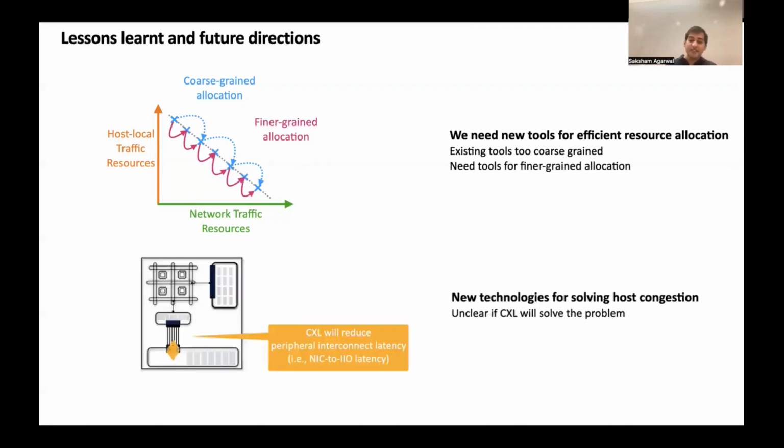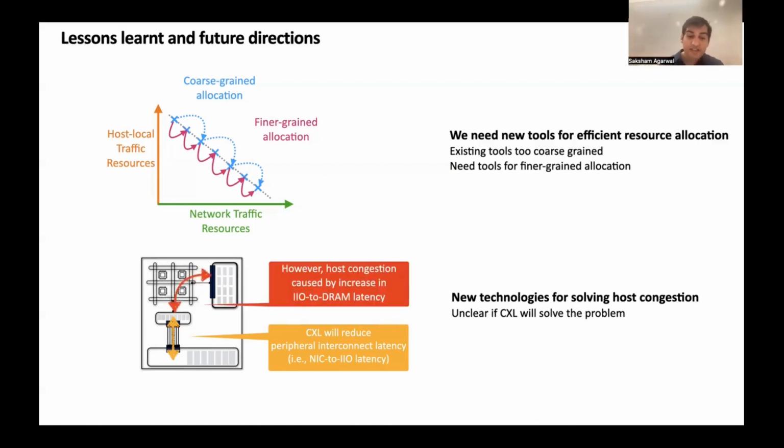Secondly, it would be interesting to explore the usefulness of new emerging technologies like CXL and RDMA in resolving host congestion. Our exploration so far suggests that while useful, these technologies may not resolve the host congestion problem by themselves. For example, the emerging peripheral interconnect like CXL can help reduce the NIC to IO latency, but it does not alleviate the IO to memory controller latency, the key challenge in resolving host congestion.